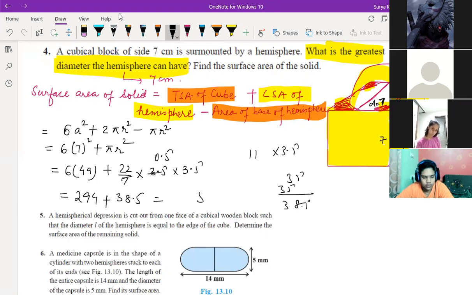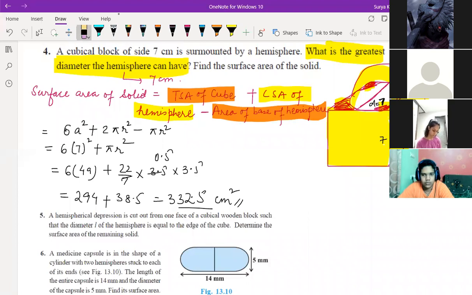So 294 plus 38.5 is 332.5 centimeter square. Answer is same, just check, children. Is the answer coming same or different? Answer is same, sir. Same only, 332.5.